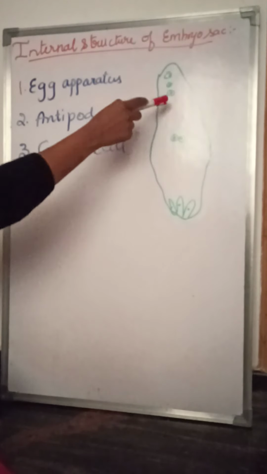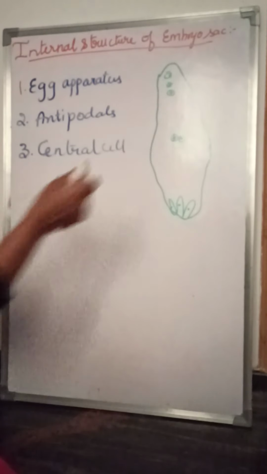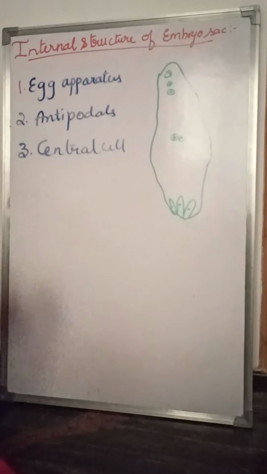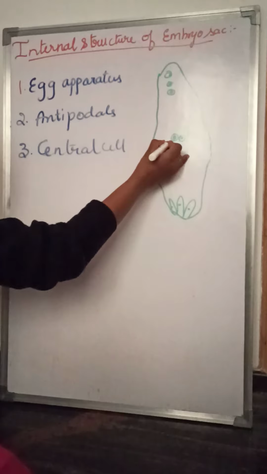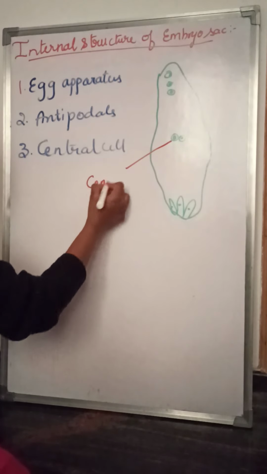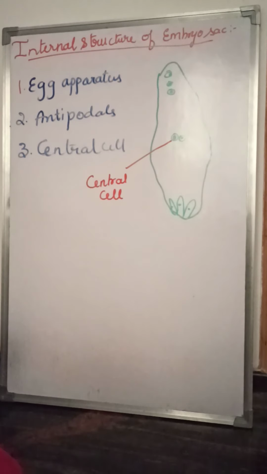You can see here the 3 cells will be arranged in a particular pattern, right? We will see one by one. These 2 nuclei are called central cells, which are present in the central region. They form the central cell.